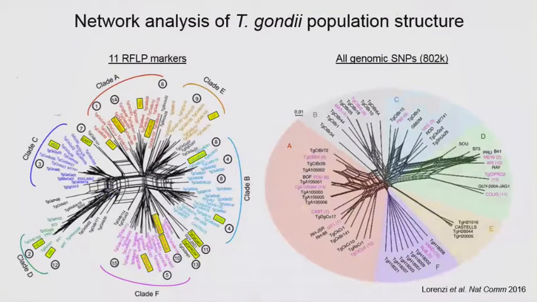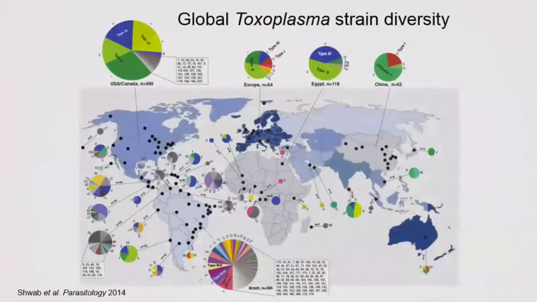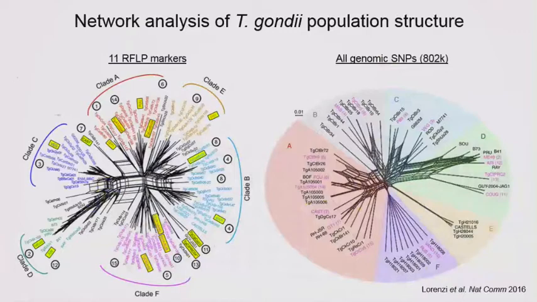And so looking at genotyping, this represents over 1,000 parasites. Collapsing those genotypes into groups finds that there's several clades with about 16 haplogroups. And there are different ways to look at this. This is done with RFLP with just a few genetic markers, about 11 to 15.